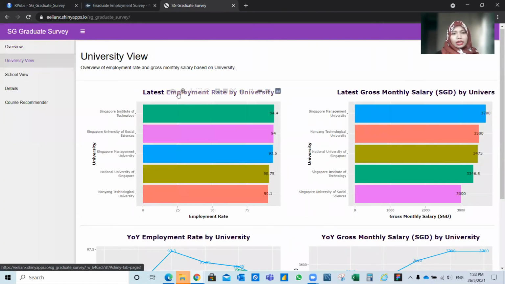We can see that the employment rate achieved by the Singapore Institute of Technology is the highest, which is around 94.4%. While for the latest gross monthly salary, you can see that the Singapore Management University achieved the highest, which is around 3,700 Singapore dollar.